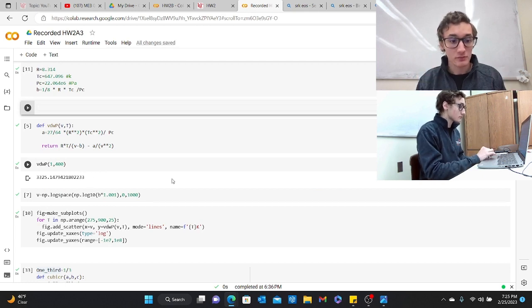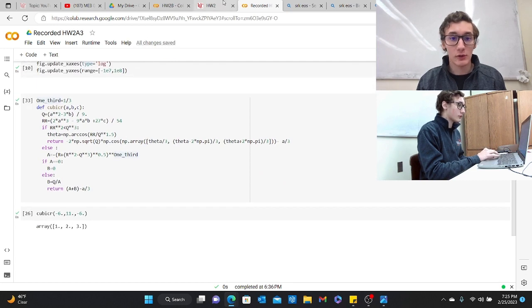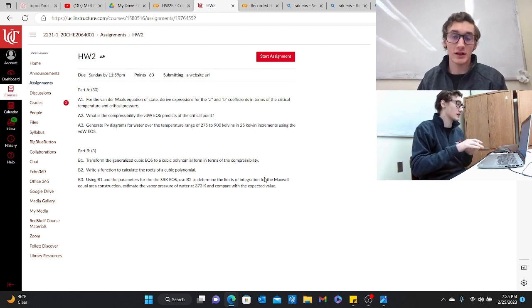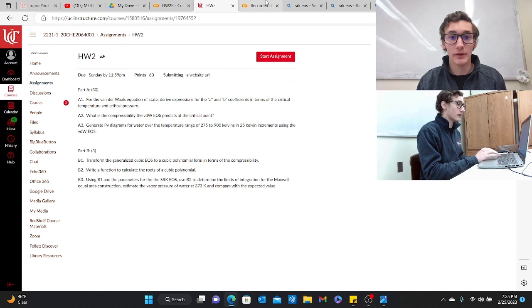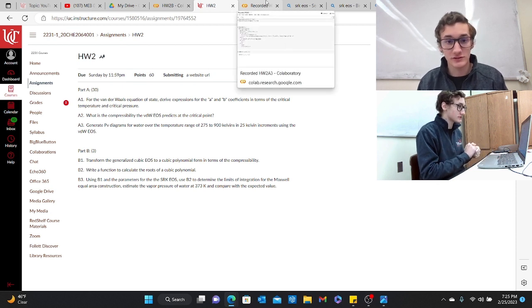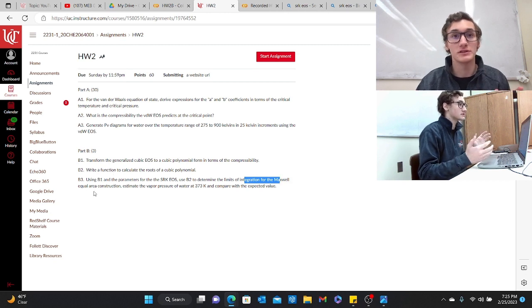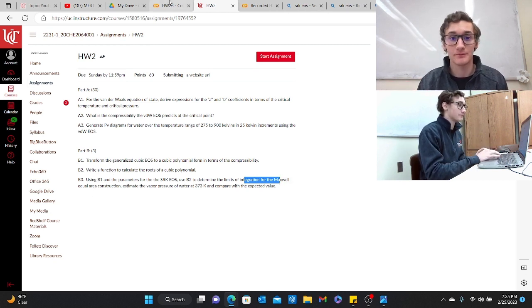After that, we are going to calculate the volume for which the temperature is going to cross the line. And then from there, we can use our integration and determine the limits of integration with Maxwell equal area construction and look at the areas and what those will tell us.